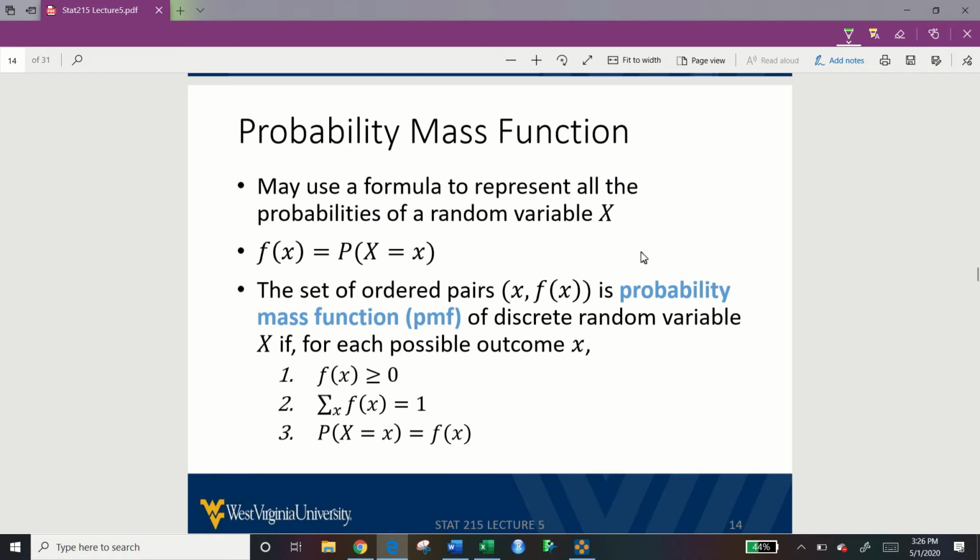The set of our ordered pairs, x comma f of x, remember you can think of f of x as y, our response, is our probability mass function, also abbreviated as PMF, of discrete random variable x if for each possible outcome x, a couple little things hold. F of x must be greater than or equal to 0. The summation over x of f of x must be equal to 1. And the probability of x equals f of x.